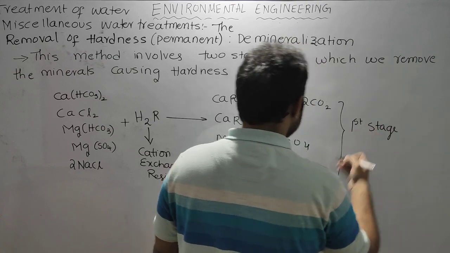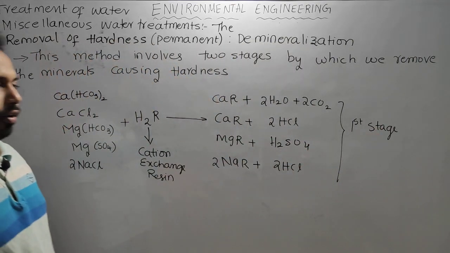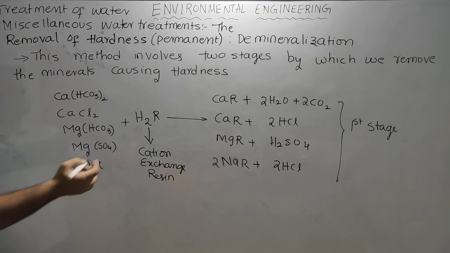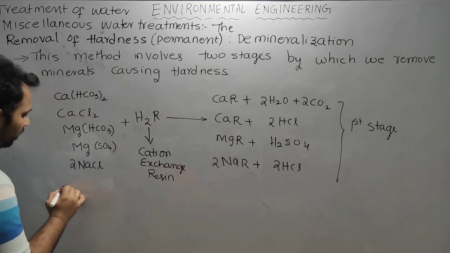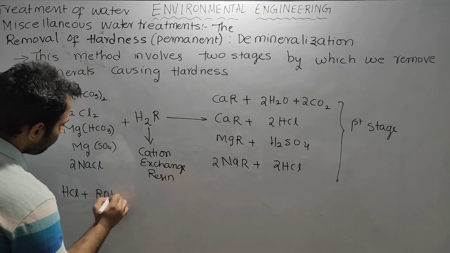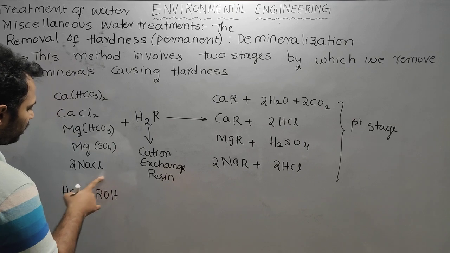Then in the second stage, we will send this water for anion exchange. Anion exchange means if there is any anion in the form of HCl, then HCl plus ROH. So this is anion exchange resin.